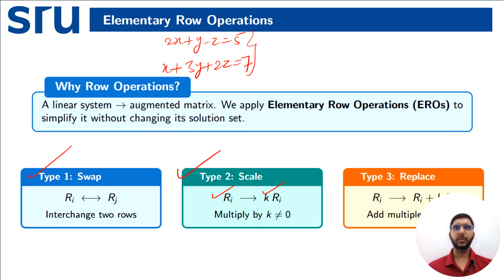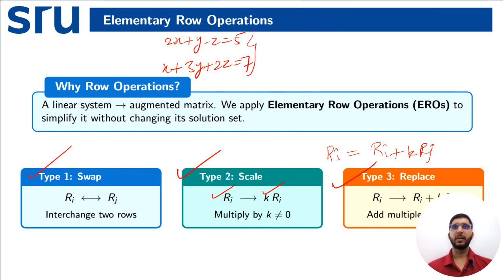Next one is row replacement, in which we replace the ith row with a combination of itself and another row. For example, Ri = Ri + k times Rj.